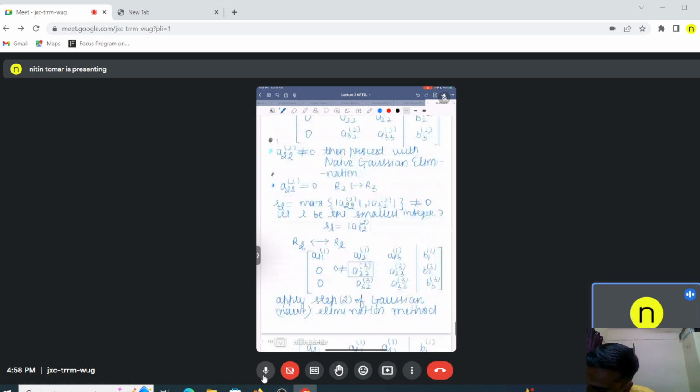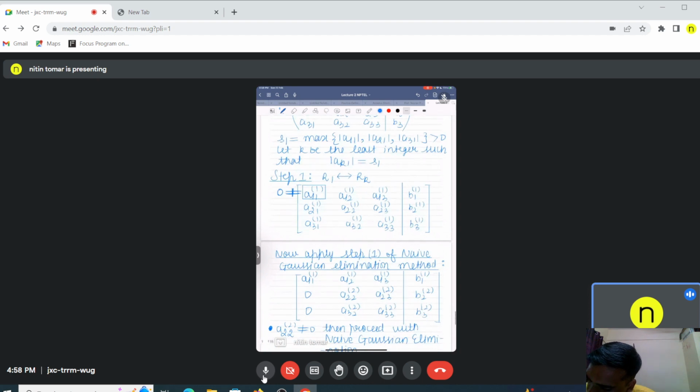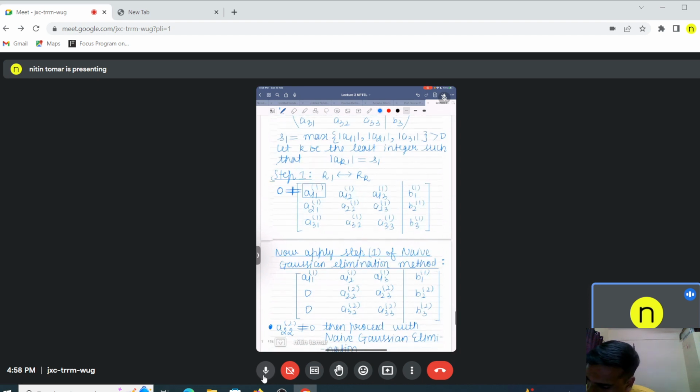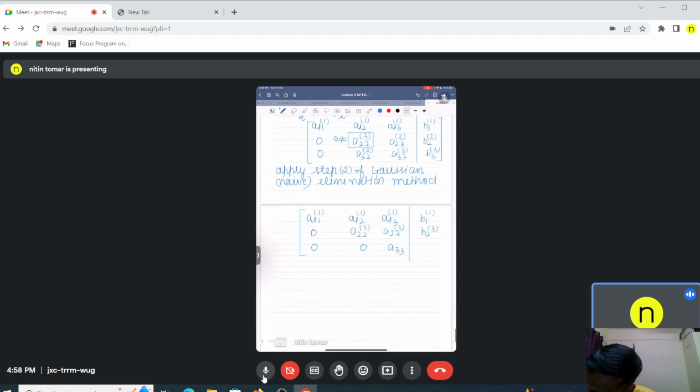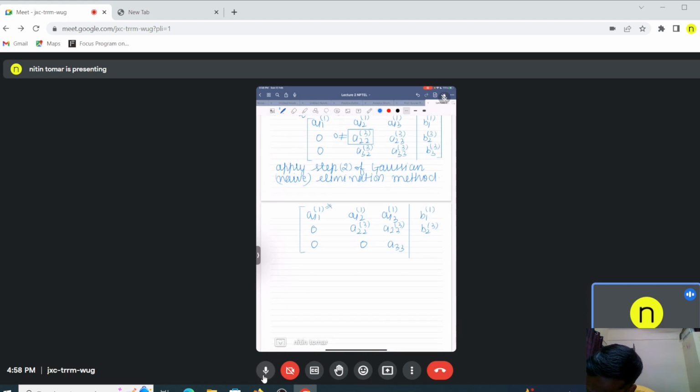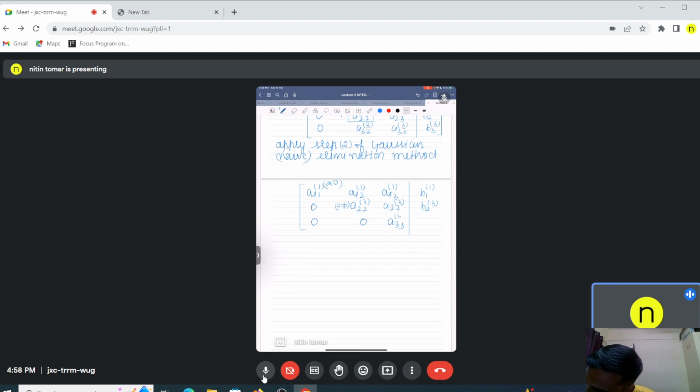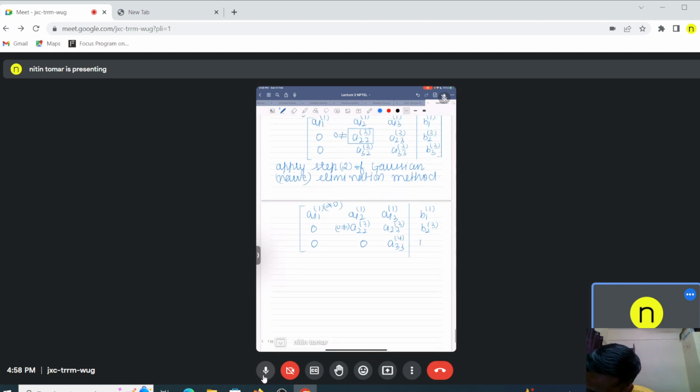Remember A11 was not 0. That was the assumption, that's how we define the method. So this is also not 0, this is not 0, right?